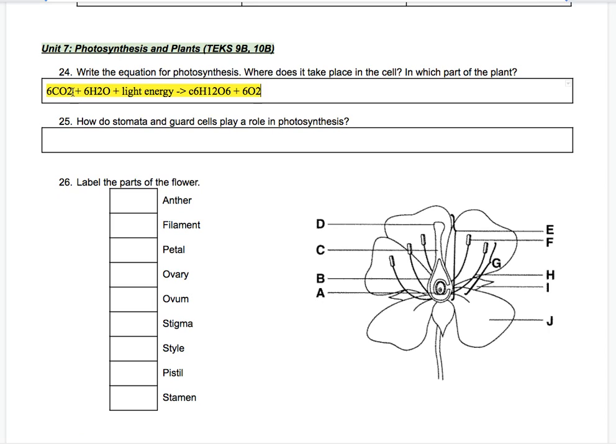I'm going to make these subscripts smaller by hitting Command, comma, and that is my equation for photosynthesis.